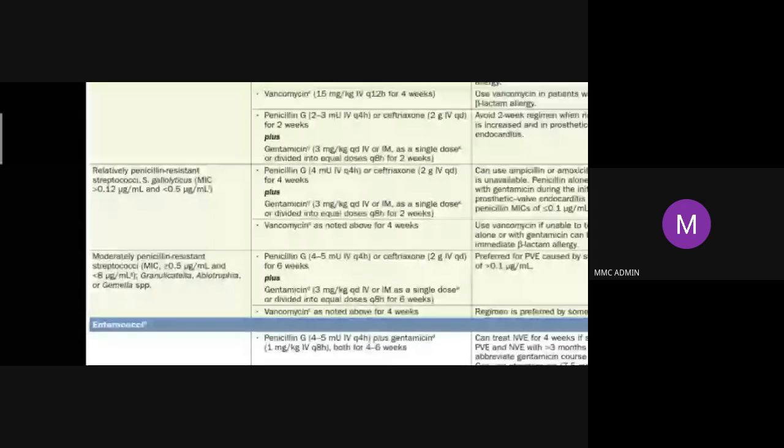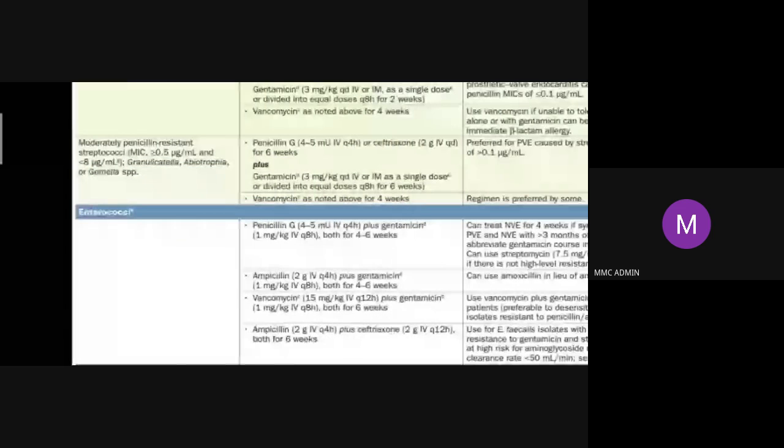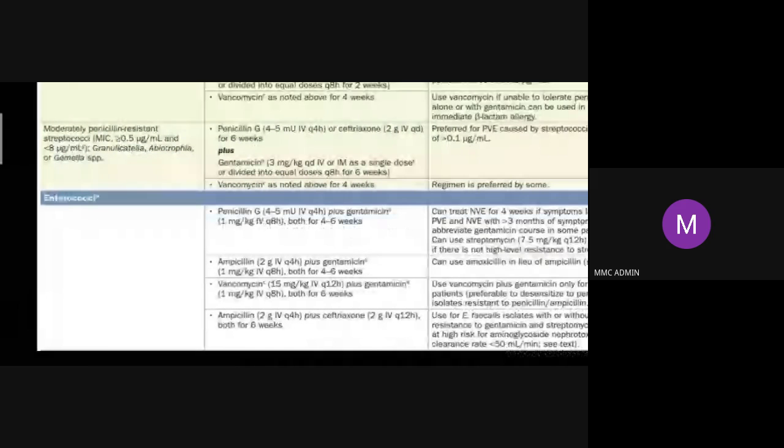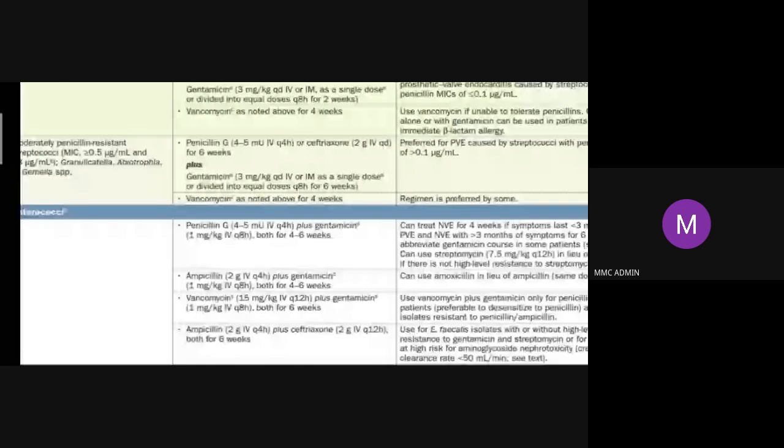The organism will determine the antibiotic. In enterococci, we will give penicillin plus gentamicin, or ampicillin plus gentamicin, or vancomycin plus gentamicin. These are the combinations we can use in enterococci, and also ampicillin plus ceftriaxone.